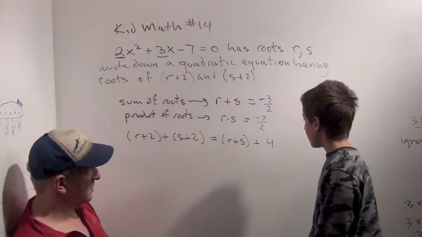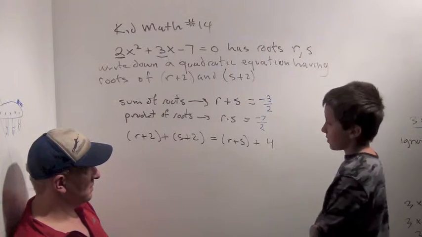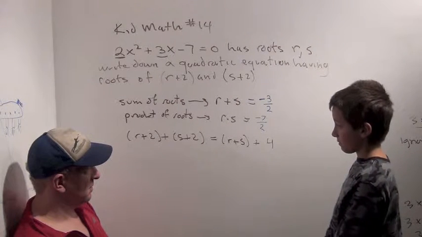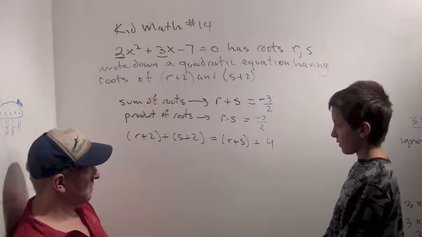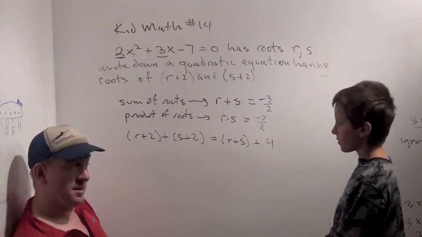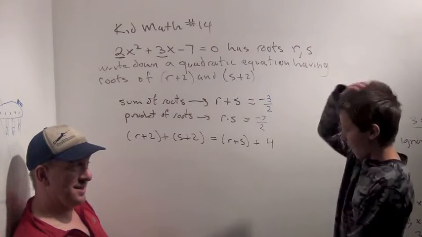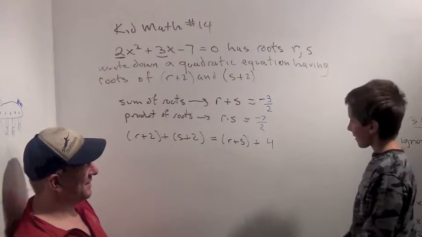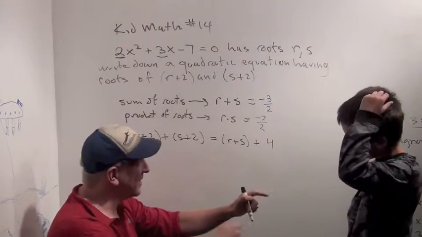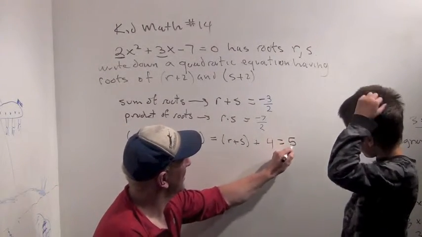Well, it would be 4 minus 3 halves. 4 is 4 halves, so it would be 1 half. No, wait, 4 is 4 halves. 4 is 16 halves. No, yeah. Since I'm wrong, 4 is how many halves? 8. Very good. So this is 5 halves.